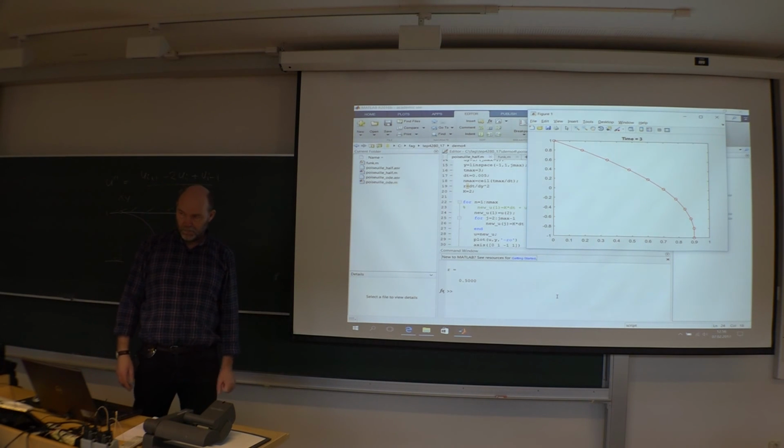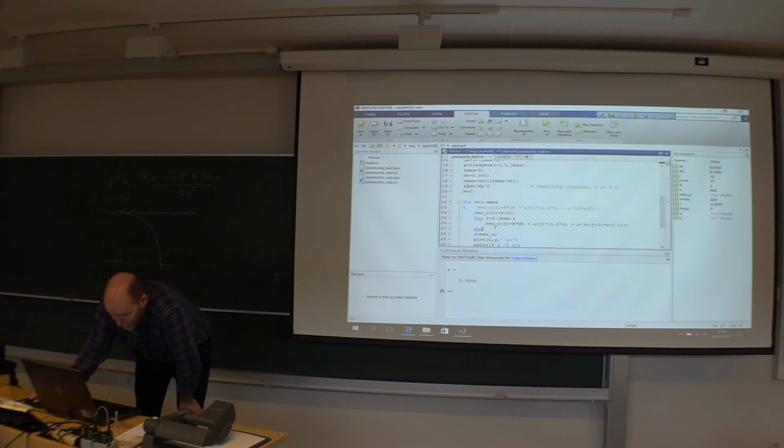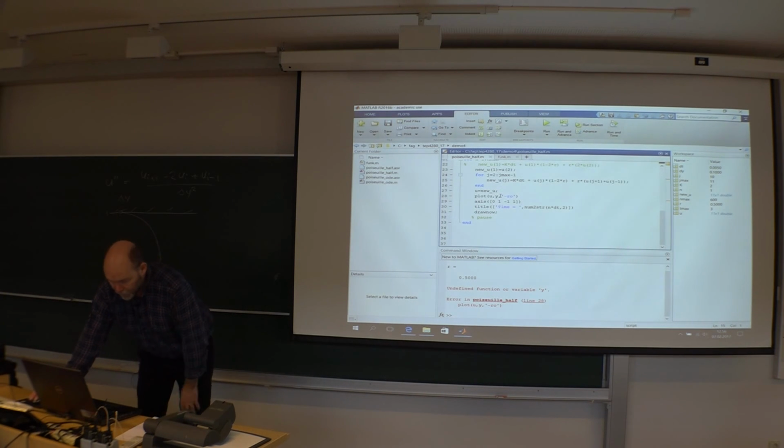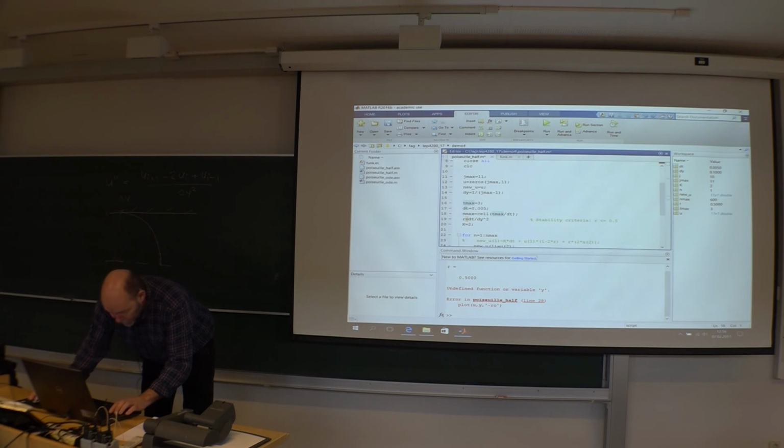Shouldn't the y vector go from 0 to 1 and not -1? Where is the y vector? This one? Yeah, it should, but I don't use it, I think. I use it. Ah, yeah, because I plot it. Yeah, but it will plot only the existing ones, so it doesn't matter. But yes, you should, actually.